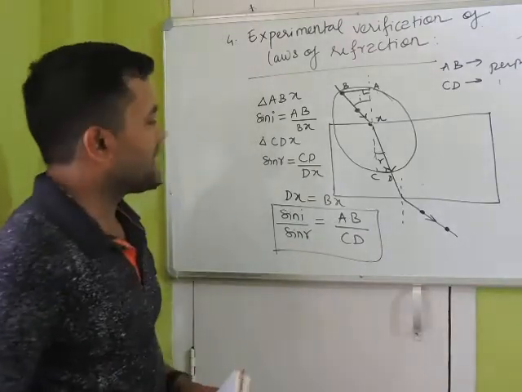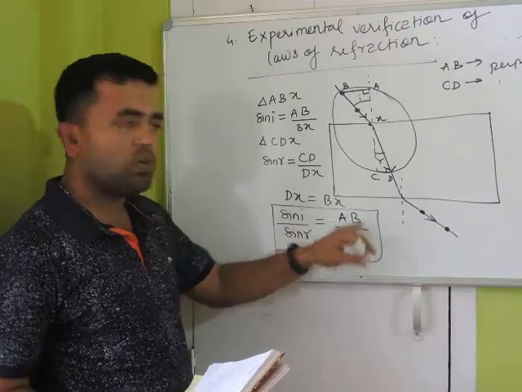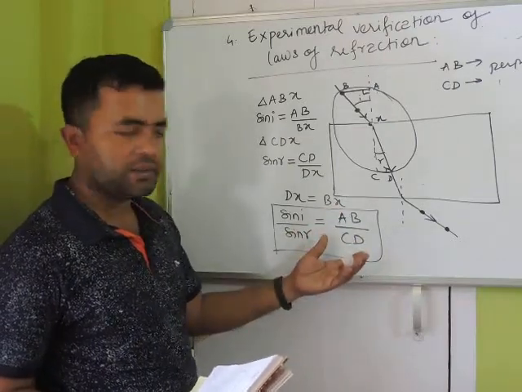Now, according to Snell's law, sin I by sin R is equal to a constant called refractive index, right?